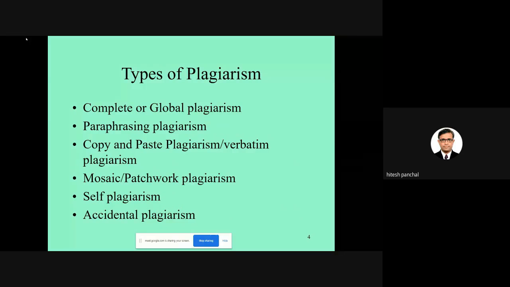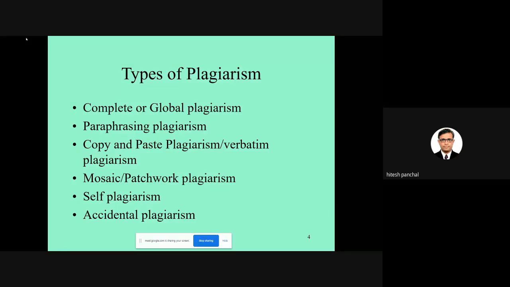Now, there are a total of 6 types of plagiarism: complete or global plagiarism, which I will show you. Then paraphrasing plagiarism. I think you have also heard the word paraphrasing. But what is paraphrasing and how you carry it out, I will show you today.